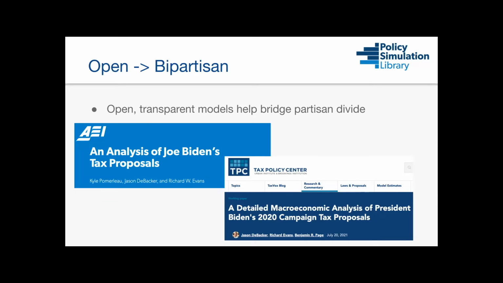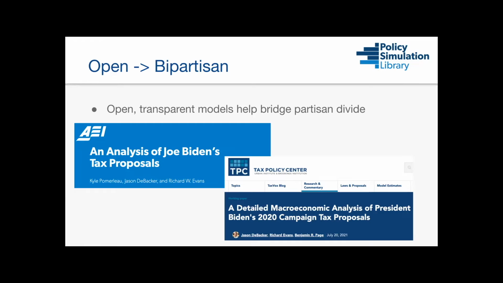And a really nice example here is Policy Simulation Library catalog models being used in the analysis of tax policy. In this case, analysis in particular of Joe Biden's campaign's tax proposals. And I've got screenshots here from papers published by the American Enterprise Institute, a right-leaning think tank in Washington, D.C., and another analysis on the same topic by the Tax Policy Center, a left-leaning think tank in Washington, D.C. Both of these studies used, in part, the same open source model.